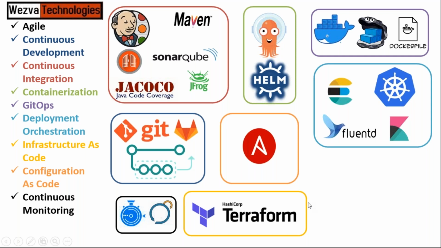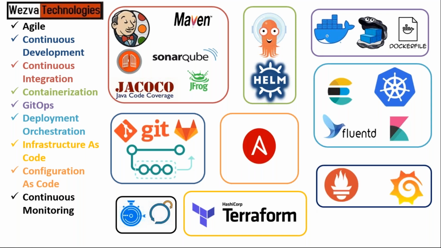Okay. And finally, when we talk about monitoring, there are a lot of tools available, but since everything is based on cloud, one of the popular tools you see in the market, which can help you monitor applications, containers, machines, or services, is Prometheus and Grafana, using which you can monitor everything.